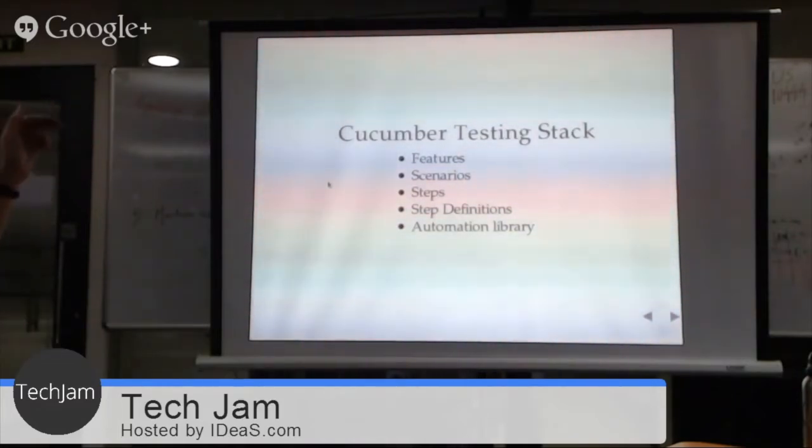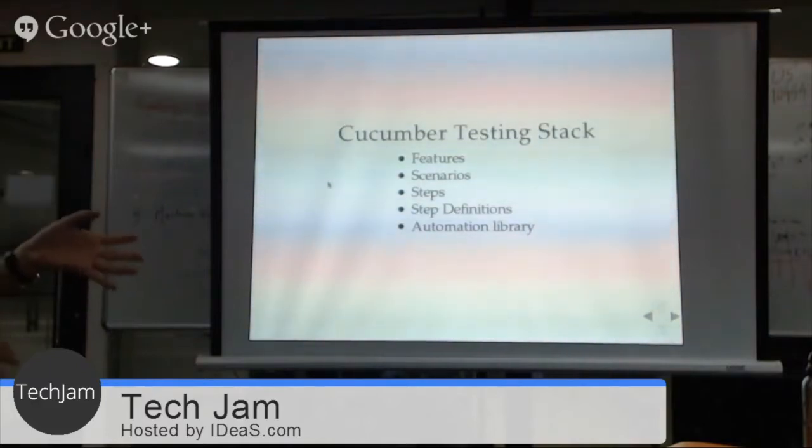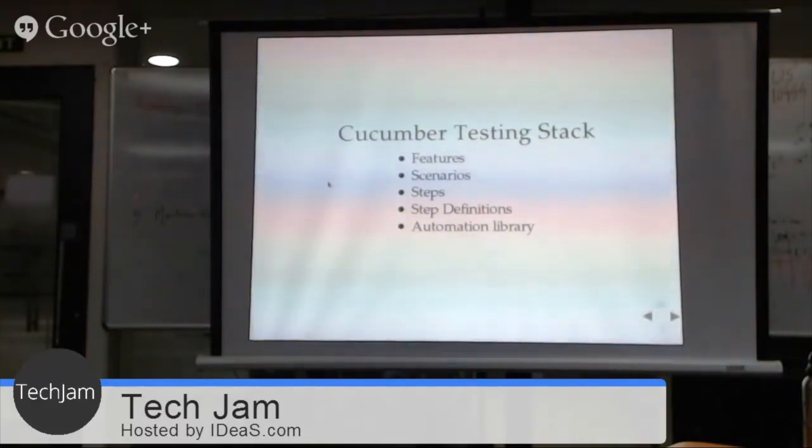While writing the step definitions, you need some gem or library to interact with your application. So here we need an automation library. You can use Watir WebDriver, which we'll see in the coming slides, or you can use other gems or libraries to interact with the browser the way you feel like, depending on your application.